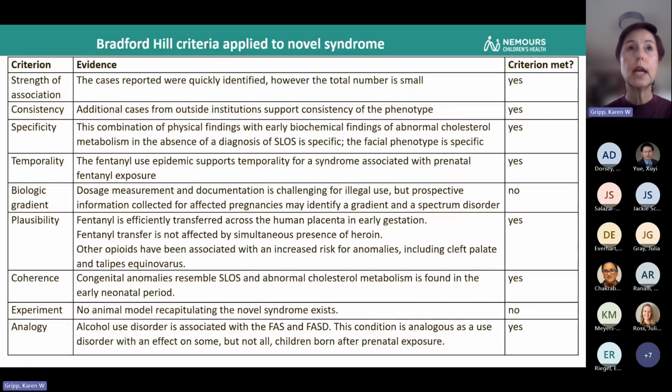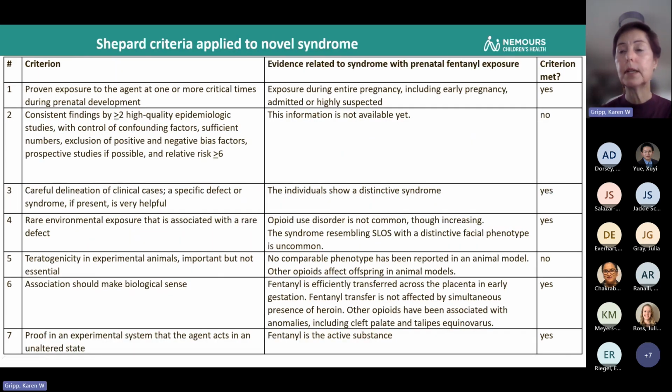And when we looked at the Bradford Hill criteria, applying them to this potentially novel syndrome due to fentanyl exposure, we see that we meet some, but not all of those criteria. And there is not a certain threshold that one has to meet in order to consider this meaningful. For the Shepard criteria, again, we already met some, but not all of the criteria.